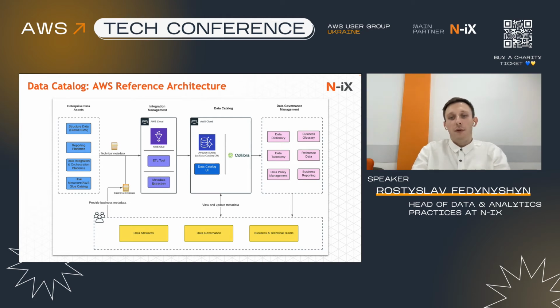Business metadata, consisting of business context, is prepared and gathered by data stewards, who are data architects, product managers, and data analysts. The technical and business metadata is combined together, and it provides a single version of truth of collected metadata.